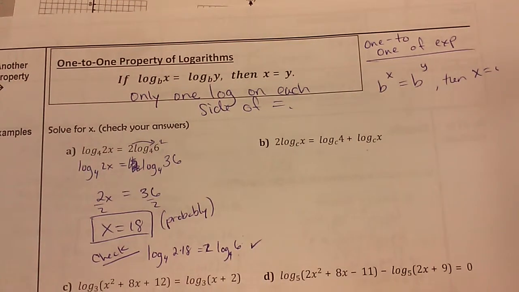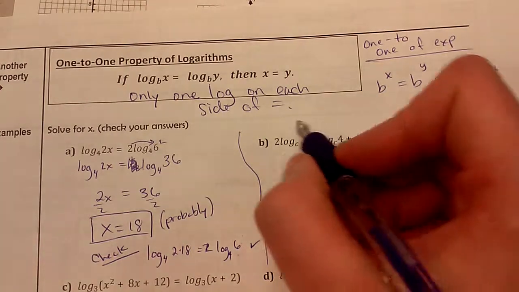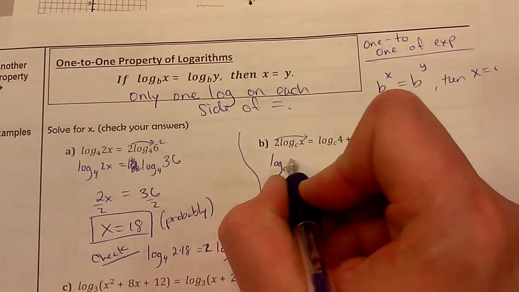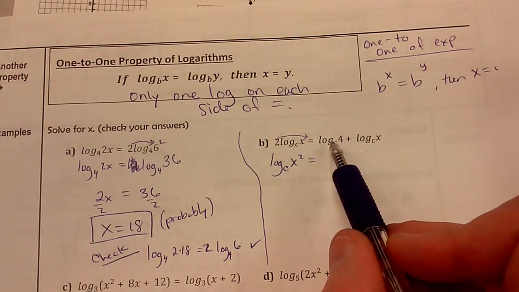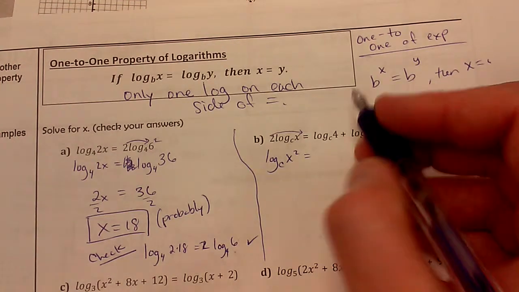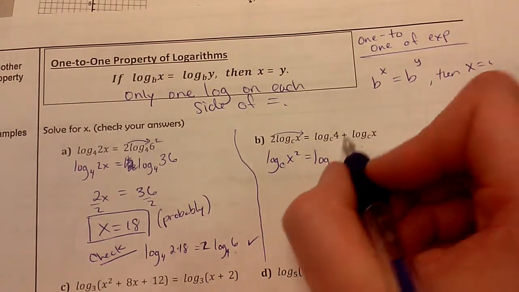Okay, let's try another one. It's the one-to-one property. So I'm going to go out on the left side and have my frog jump over the log. Then over here, I have 2 logarithms, but they do have the same base. So I'm going to use my product property since they're added, and write this as the product, log base C of 4x.